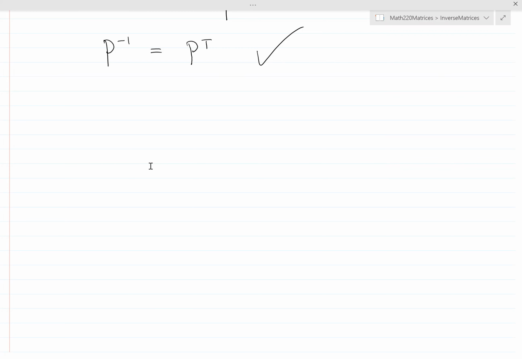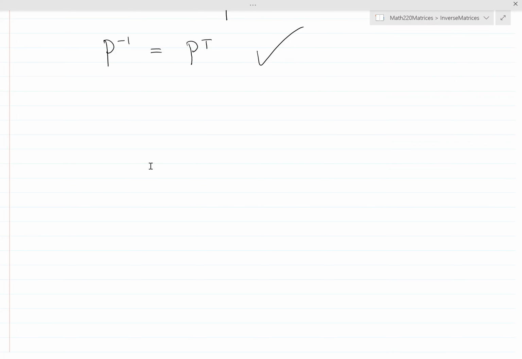Remember, we have 3 row operations: switch 2 rows, multiply a row by a non-zero scalar, and add a multiple of a row to another row. These 3 row operations can be achieved by elementary matrices. Now we use a permutation matrix to do elementary operations on matrices.